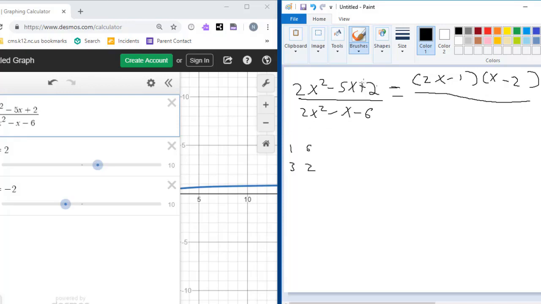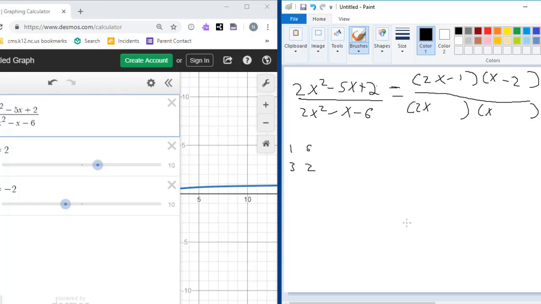Now 2x squared minus x minus 6 could factor, once again, with 2x and x. This will factor into something that multiplies to negative 6 and adds to negative 1.